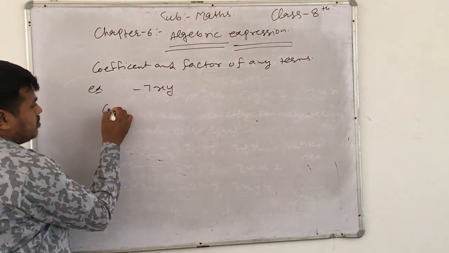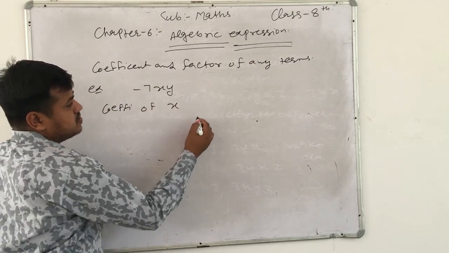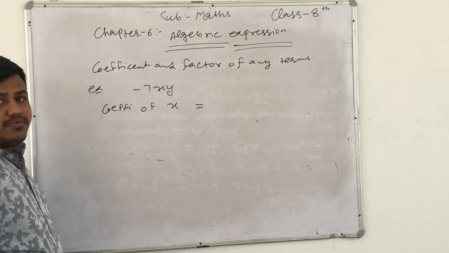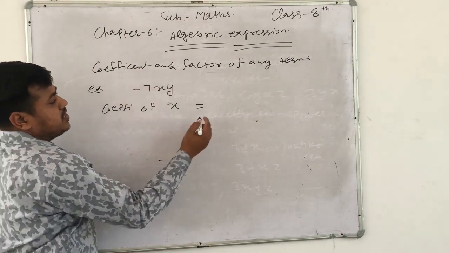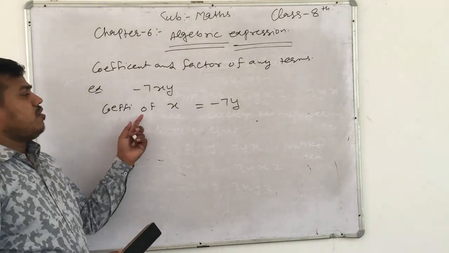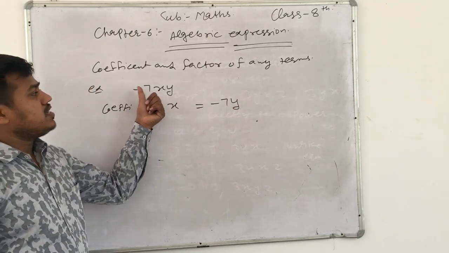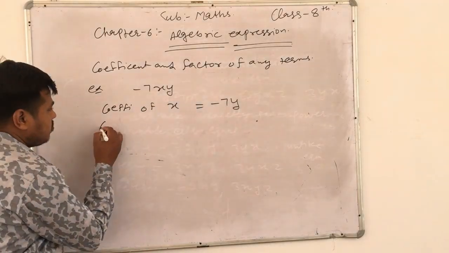Here, the coefficient of x is equal to everything other than x. After x, what will be remaining? Minus 7y. So here is the coefficient of x. Other than x, what is in this expression? That is known as the coefficient of x.